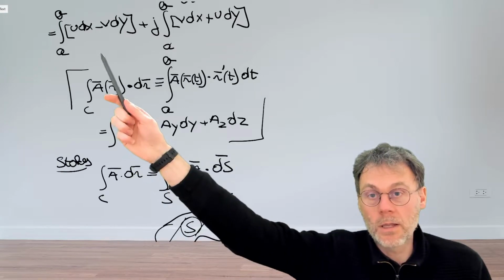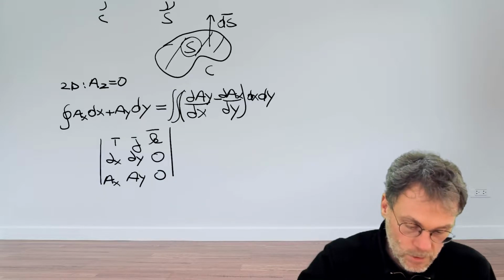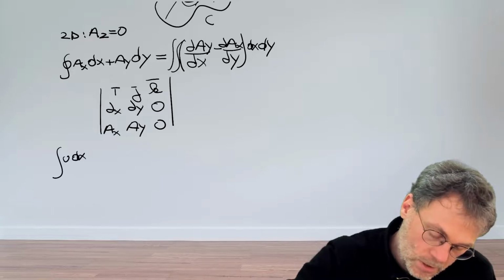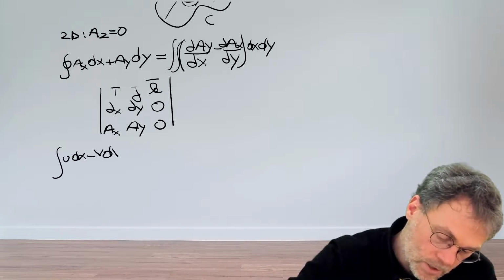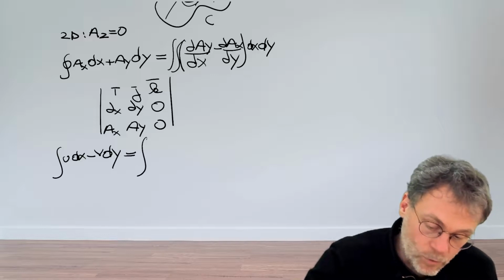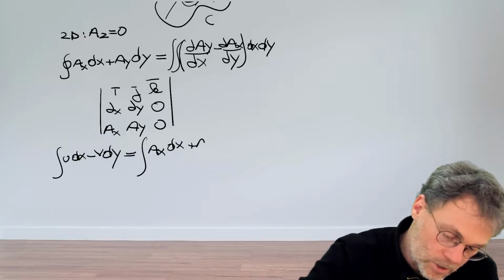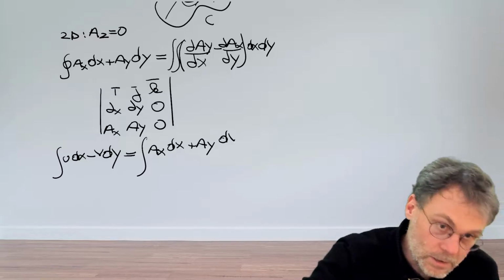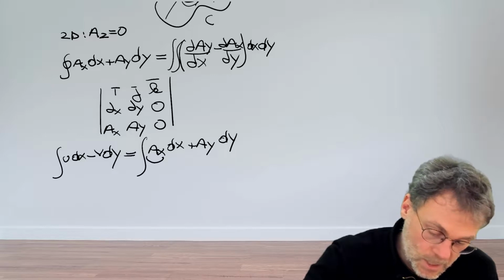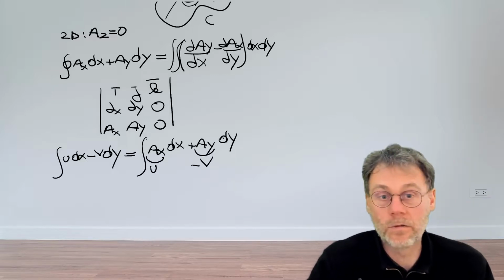So what we're looking at is this integral here, u dx minus v dy. So let's copy that again. So we have the integral of u dx minus v dy. And this is of the form that we have here, Ax dx plus Ay dy. Simple identification tells us that Ax is u and Ay is minus v.